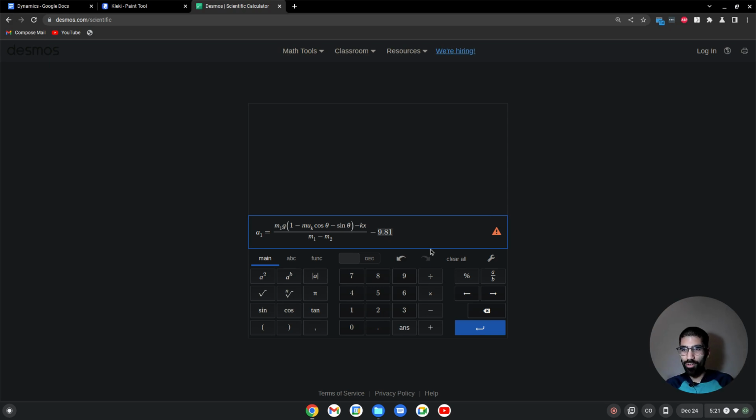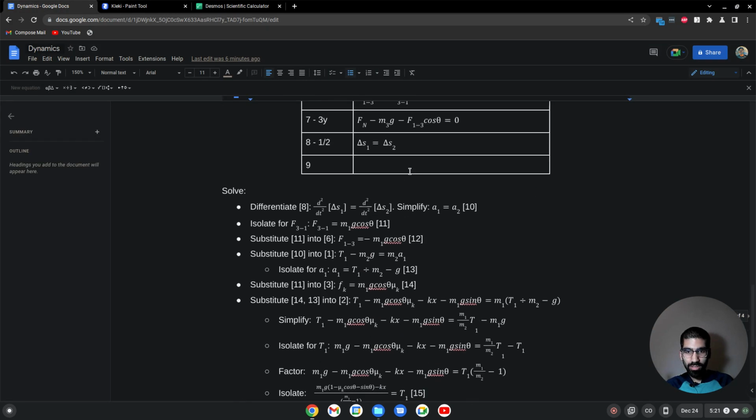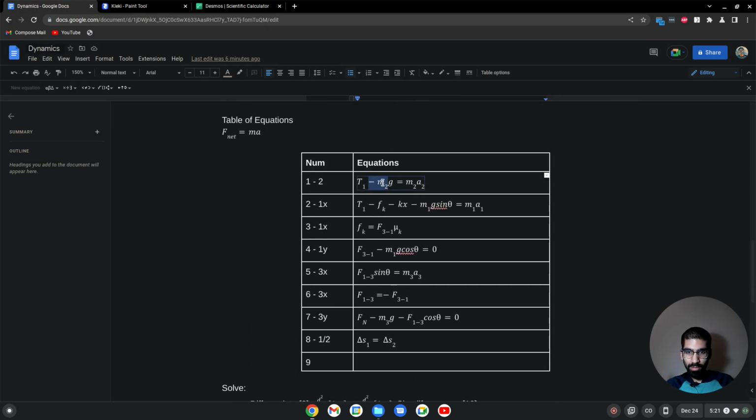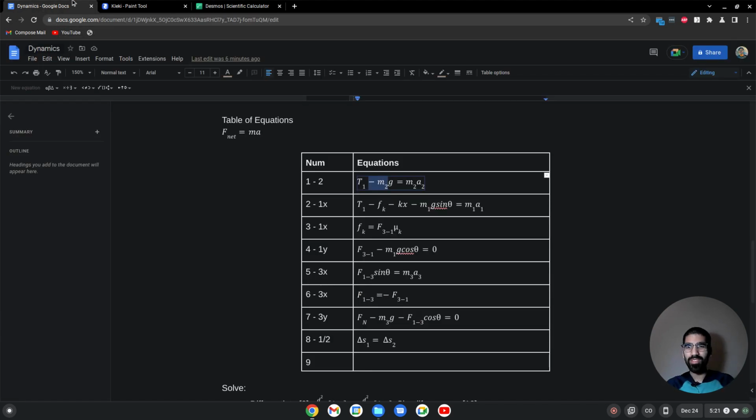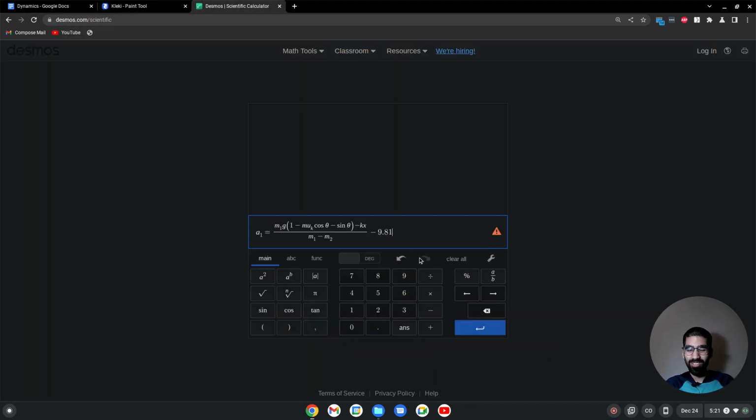G is going to be 9.81 as ever. Reminder, take care of the signs either in the equations like we did here, or when you're finally plugging stuff in. Don't put in negative 9.81, don't double the negative signs, you're not going to like it.